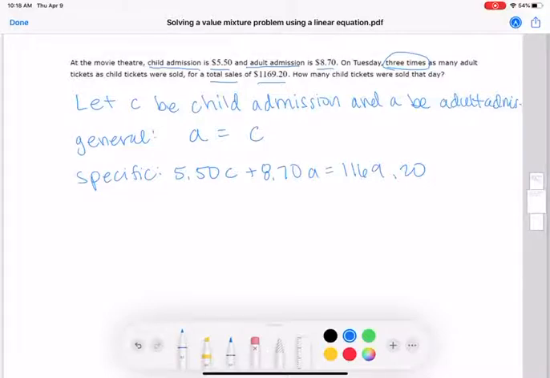So A equals 3C. Now we've come up with another way to say A would just be 3C. So let's go ahead and pop that in there so that we just have one variable to worry about. So instead of A, I'm going to put 3C.